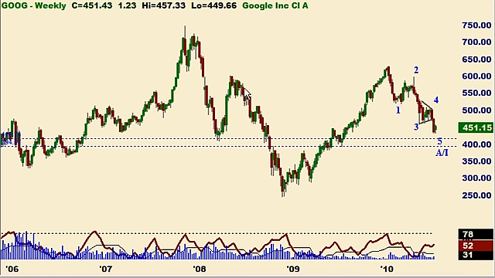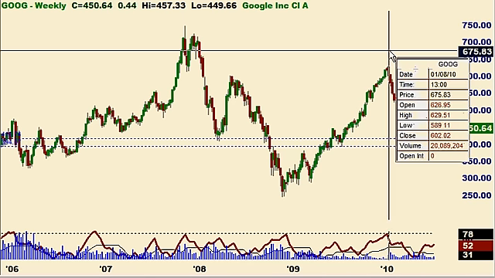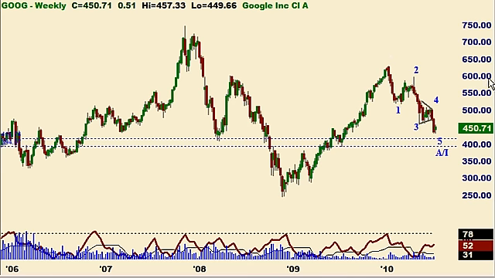But as we looked at, you have to respect corrective declines, and the rally back up, although it's kind of an iffy count, it's mixed. I think it can be counted as an impulse structure, and if it is, then you're looking at a corrective decline and then a rally back above the late 2009, early 2010 highs for Google.